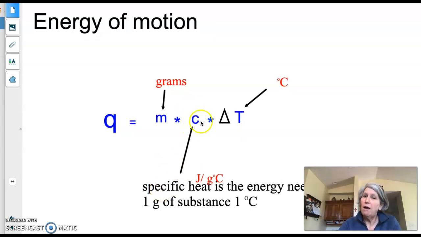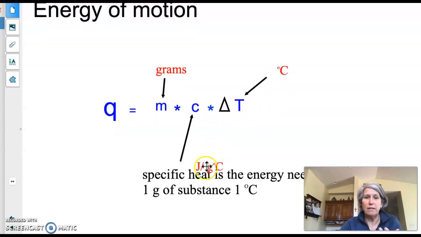Again, you should be recognizing that the symbol for specific heat is C. Don't get that confused with degrees C, which is Celsius. Sometimes that gets confused for kids. And you'll notice that the unit is joules per gram degree C. So that equals out to be the unit. And again, it's important when you're doing this work to follow your units.